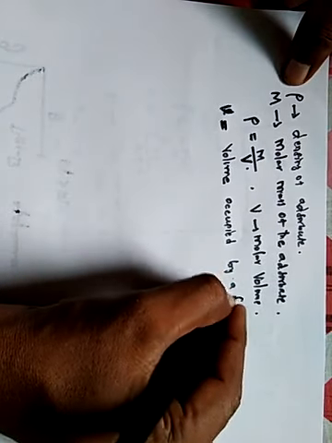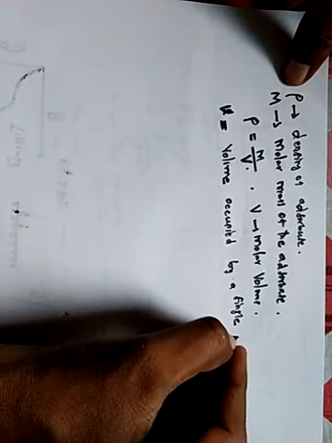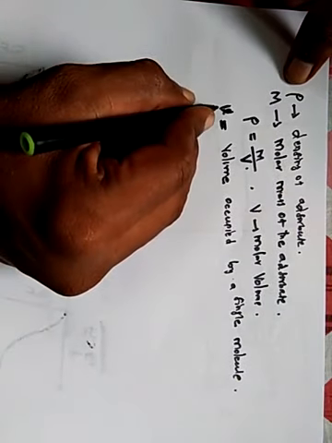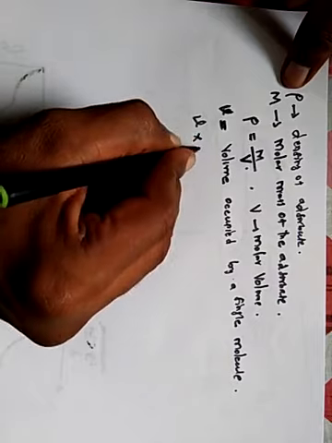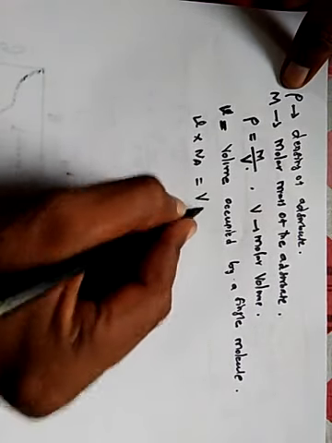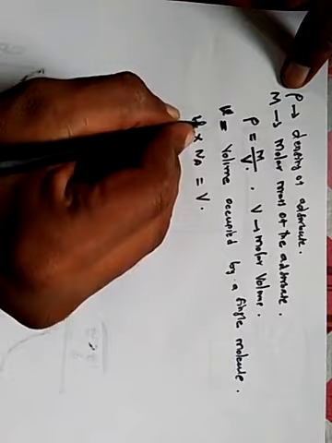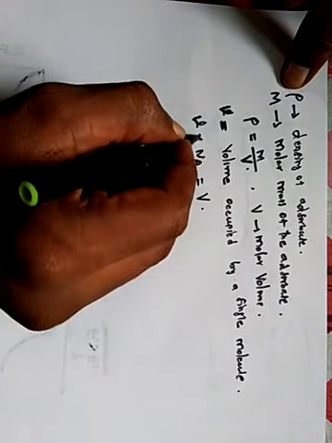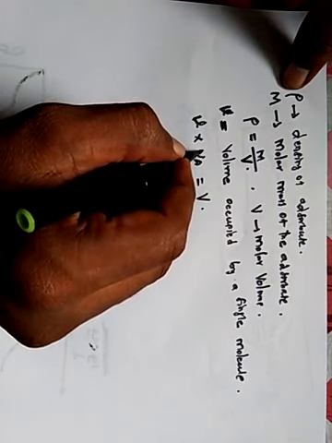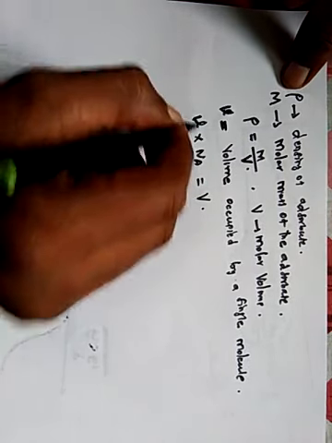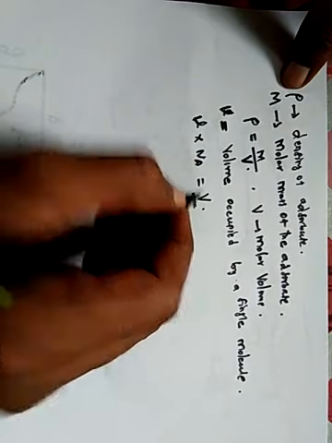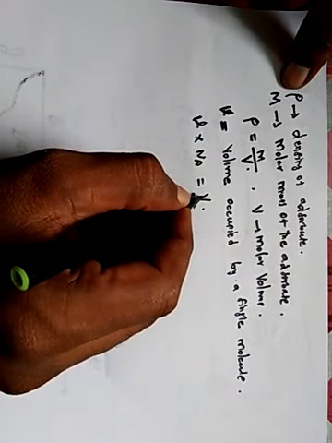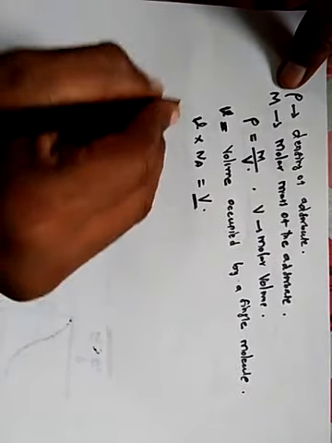If the volume occupied by a single molecule is multiplied with the Avogadro number, then you will get the molar volume, the volume occupied by 1 mole of gas. That is called the molar volume, and this is the idea.